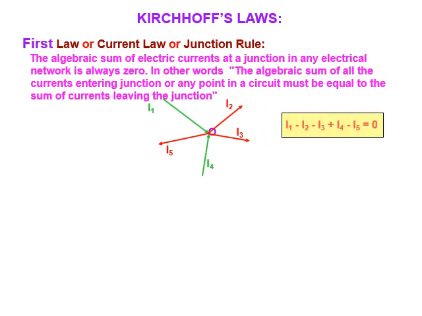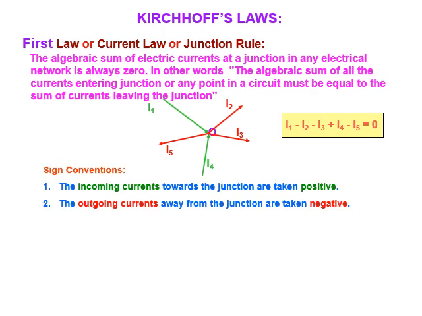In this diagram, at point O, there are 5 currents, and some of the currents are directed towards the junction O, and some are directed out of the junction O. You have to use sign conventions: incoming currents towards the junction are positive and outgoing currents, that means away from the junction, are taken negative. Now, again consider the above diagram.